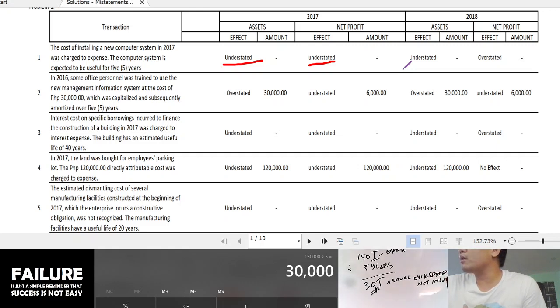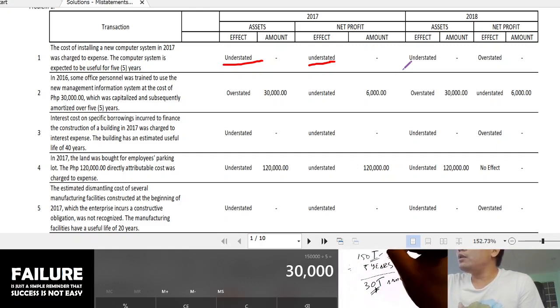The 150,000 understates your net income, while the 30,000 overstates it. You recognized an expense of 150,000 but fell short by 30,000 for the depreciation expense. That is what happened.